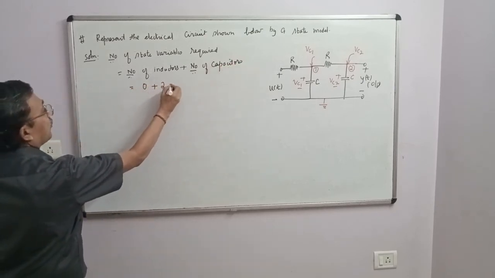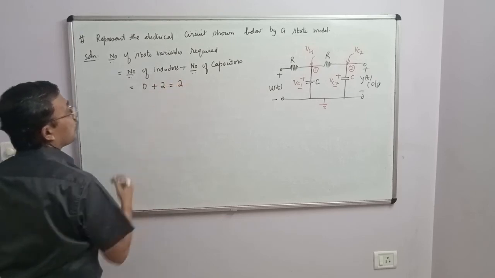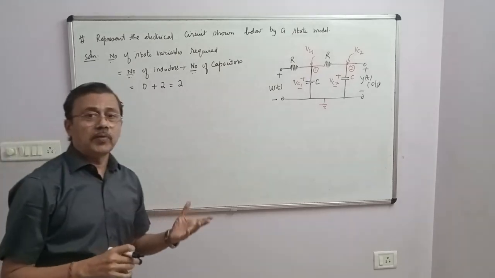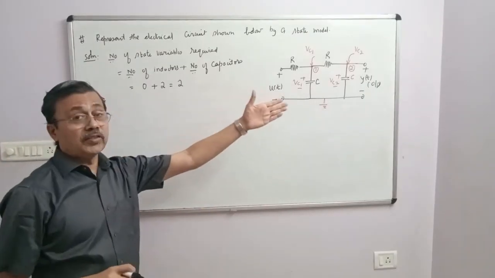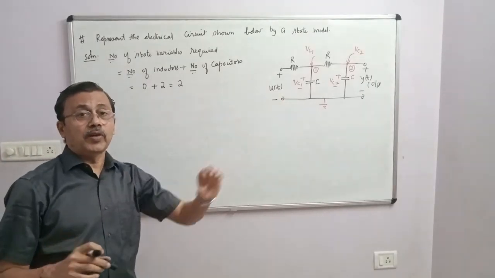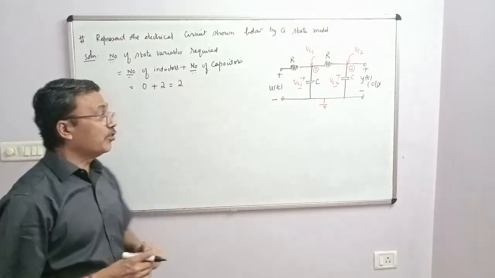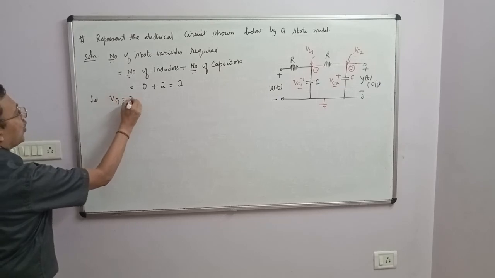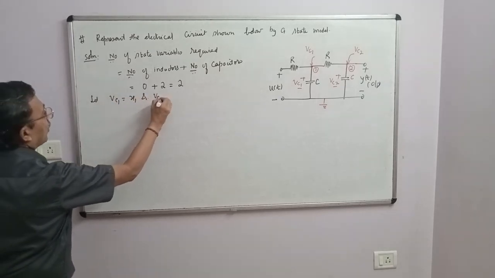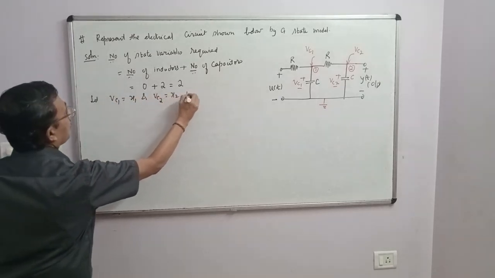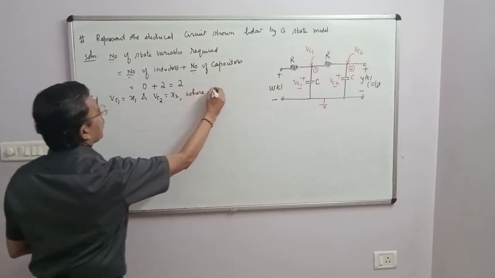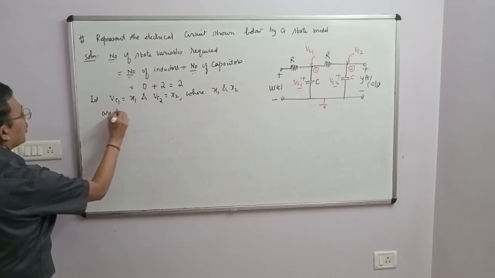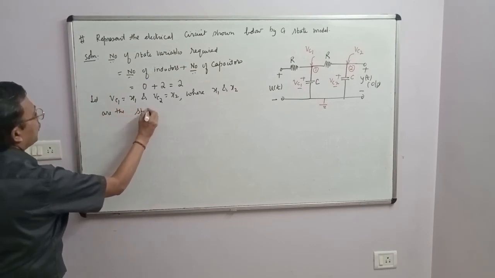There are 2 capacitors, therefore 0 plus 2 is 2. Let me take the voltages across the capacitors as the state variables. Since only capacitors are there, there will be no KVL equations. We'll have only KCL equations. Let VC1 be equal to X1 and VC2 be equal to X2, where X1 and X2 are the state variables of the system.